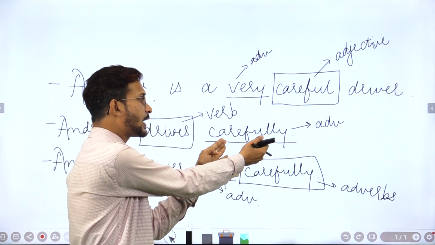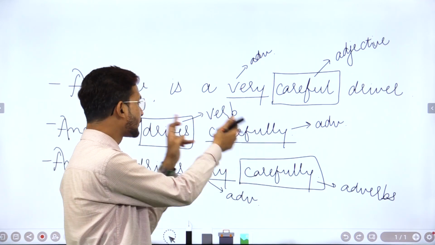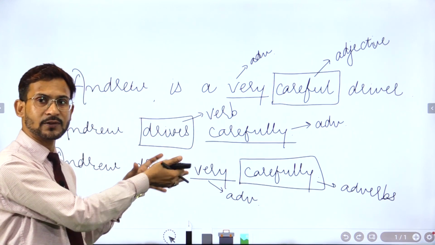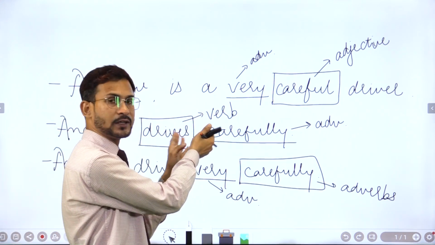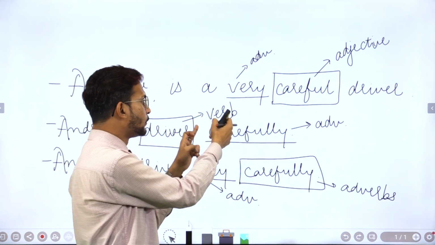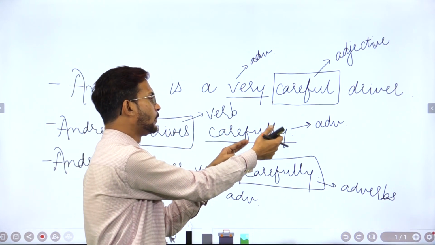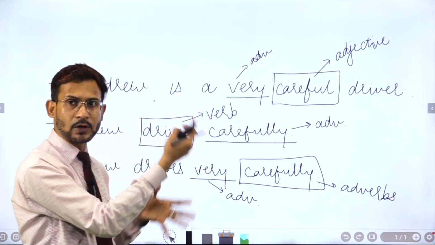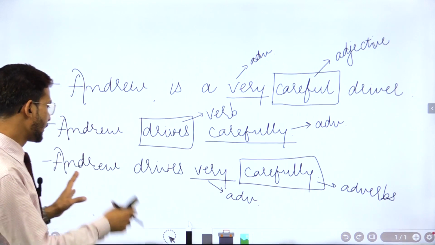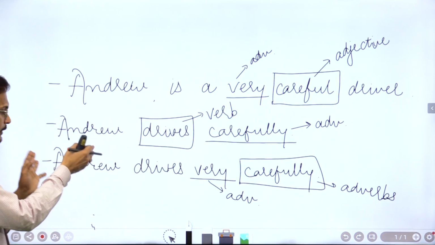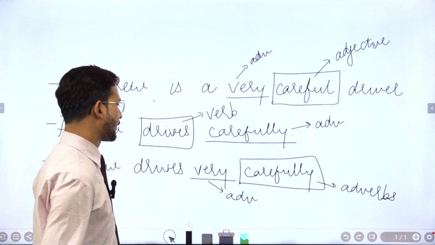This word carefully is defining this particular action, drives. How does he drive? He drives carefully. So here drives is a verb and this is an adverb. This adverb is modifying this verb. And the third one, the third sentence, is Andrew drives very carefully.